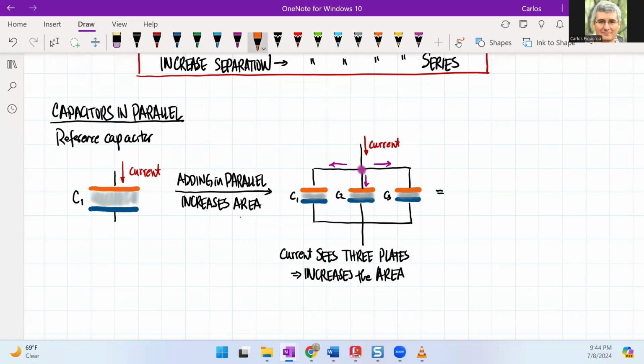So now look what I'm going to do. I've now effectively increased it by 3. That's what the charge is then going to see, the current. So if I'm looking at my capacitor, I now see that I have a wire, and the effective factor is that it now sees a bigger area. That's what the current is seeing.